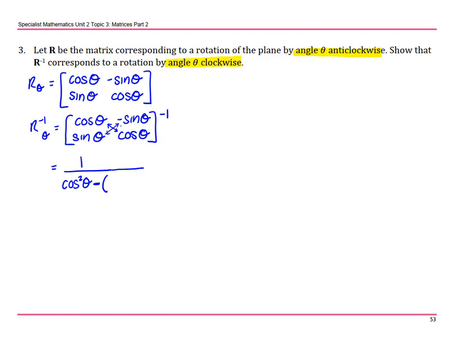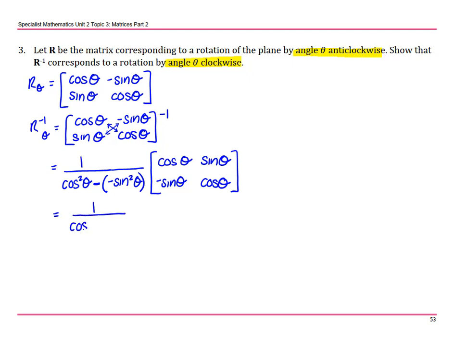So negative sine theta times sine theta is negative sine squared theta. Then I need to swap, but they're both cos thetas anyway, and then change the sign of the other ones. So that becomes 1 over cos squared theta plus sine squared theta.